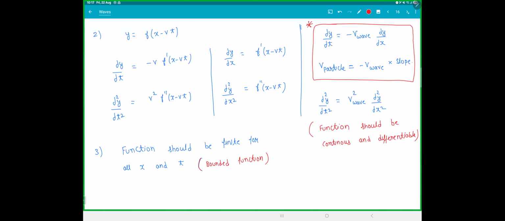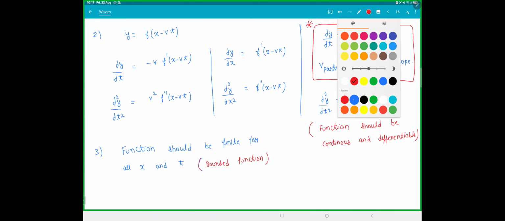Clear with this? Now I'll give you some functions. You tell me whether they are a wave equation or not. And if they're not a wave equation, which condition they don't satisfy. Any doubt so far?